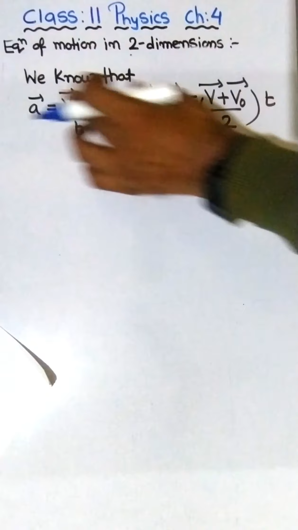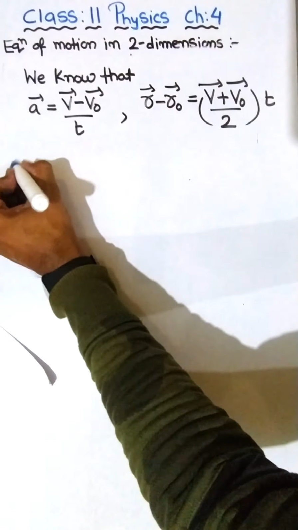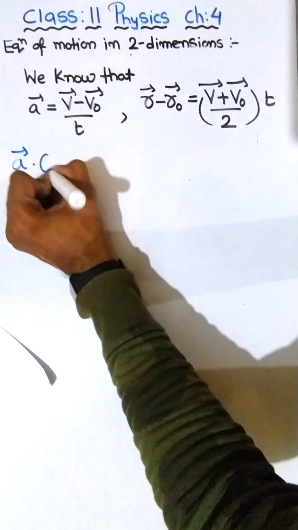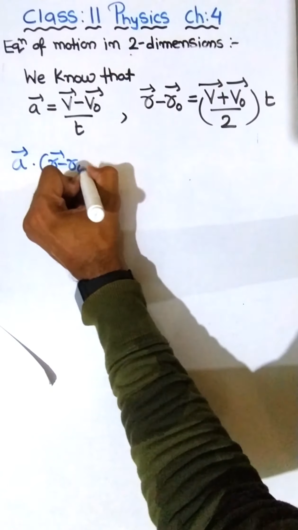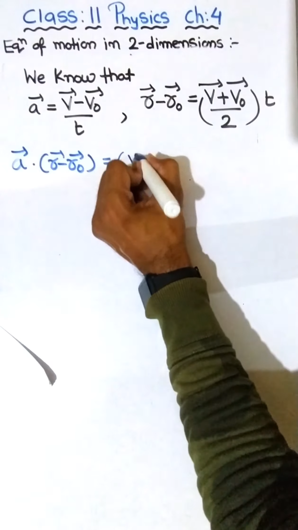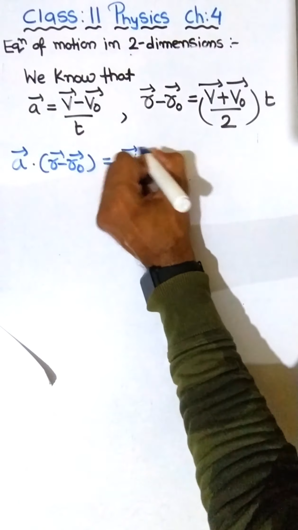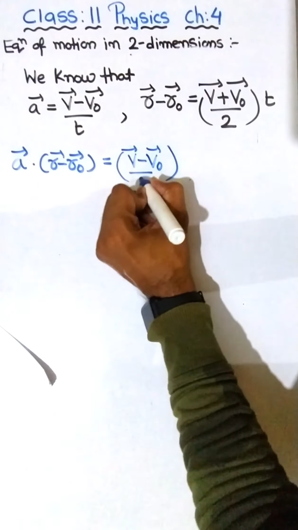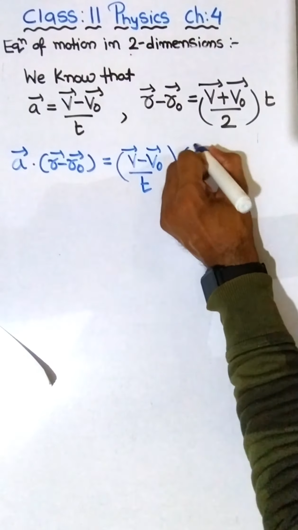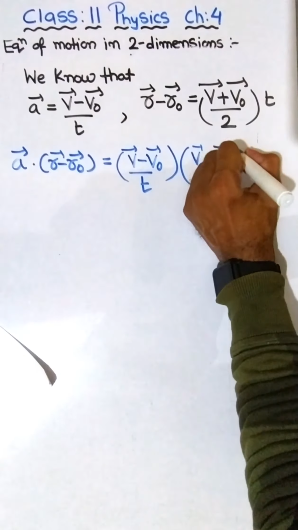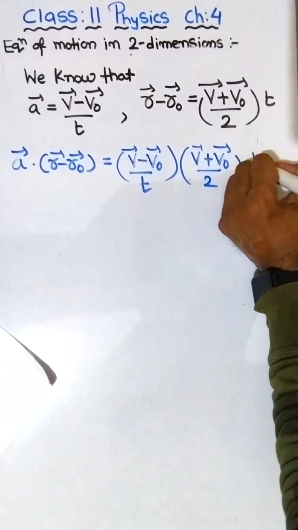So left hand side with left hand side, that will be a into (r minus r0), is equal to (v minus v0) upon t into (v plus v0) upon 2 into t.